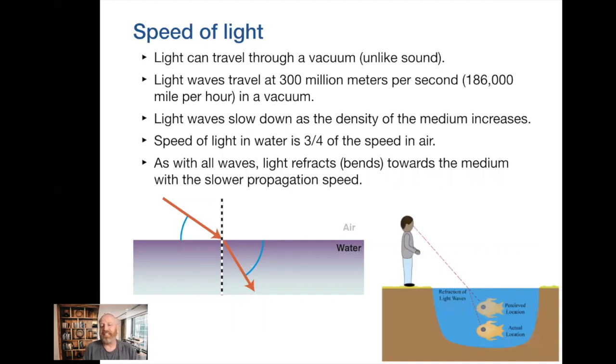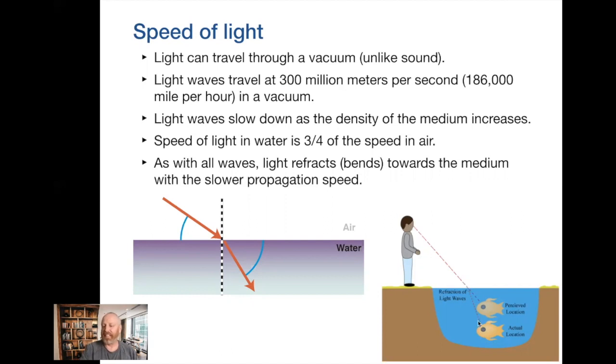So this has implications for us. Our brains are wired to think that light always travels in straight lines. So the fact that light bends when it goes into water means that objects in the water aren't where we think they are. If we consider this fish, the light reaching the observer's eye comes up from the fish, but then bends at the water surface.